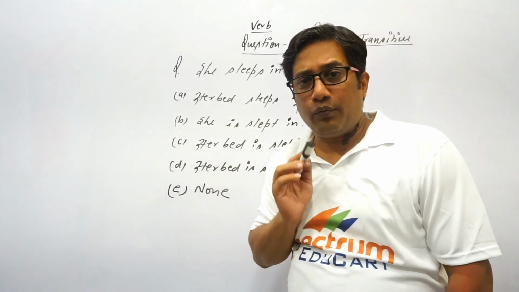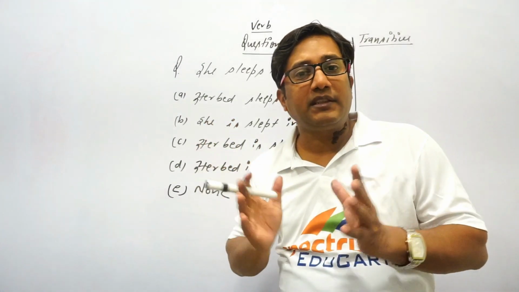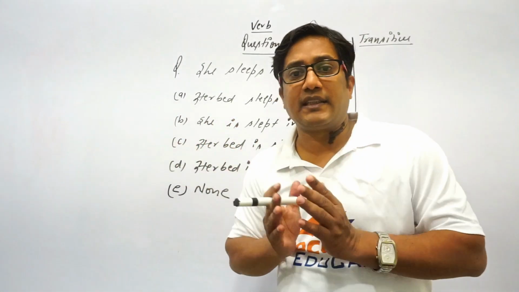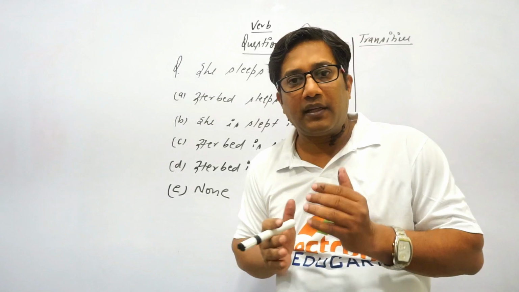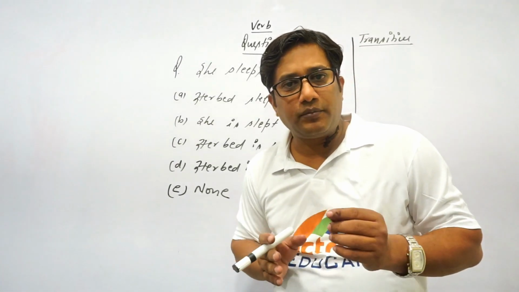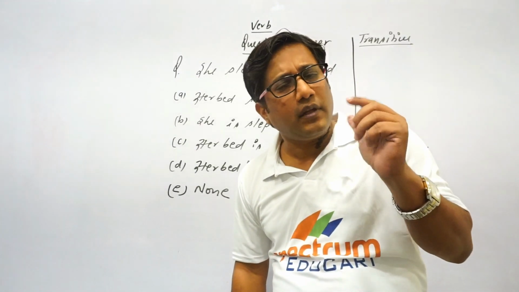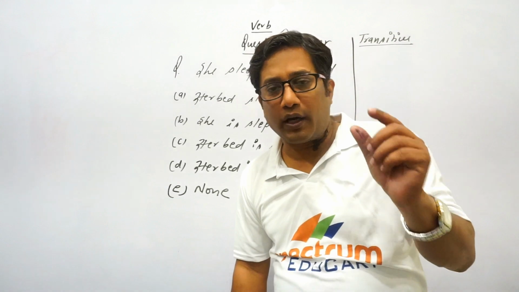First thing, when you talk about English grammar, multiple types of things are attached in English grammar. For example, if you talk about any other subject, that subject would have a single point and that question can be related to that particular point.